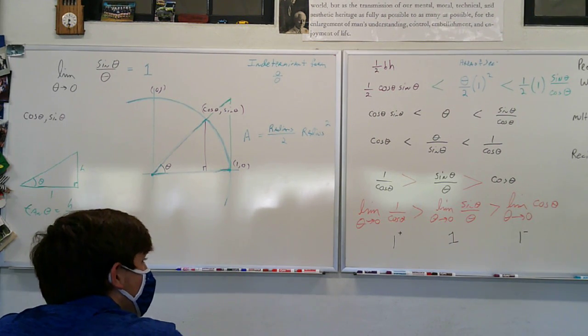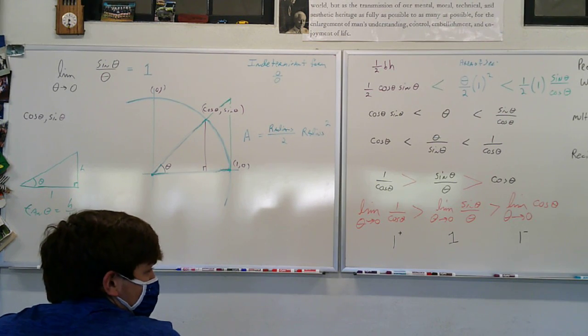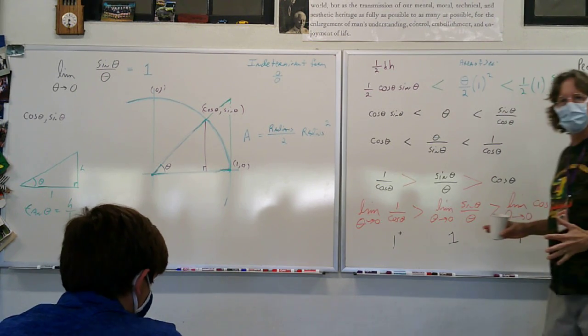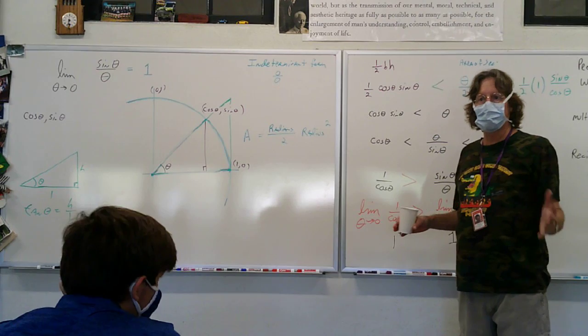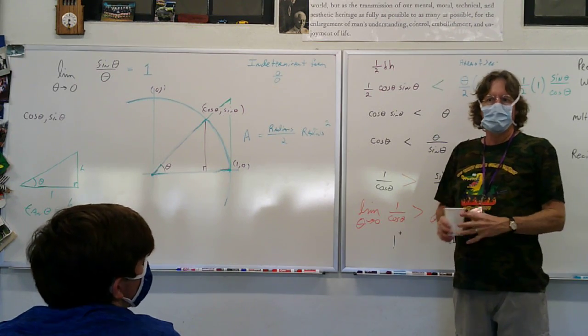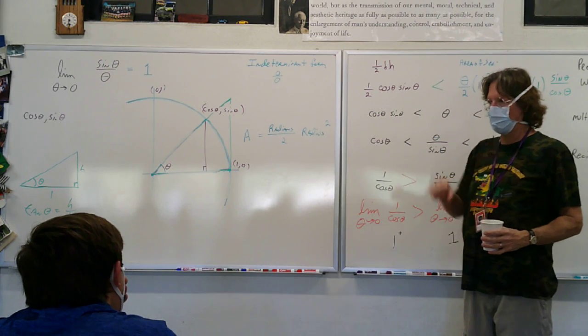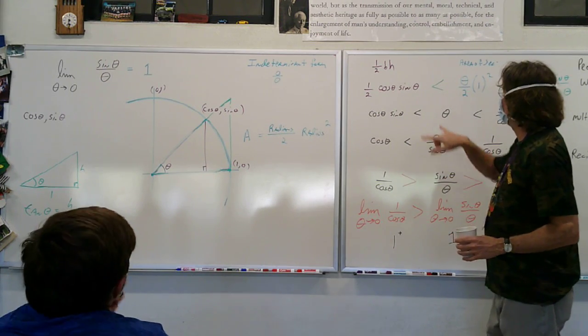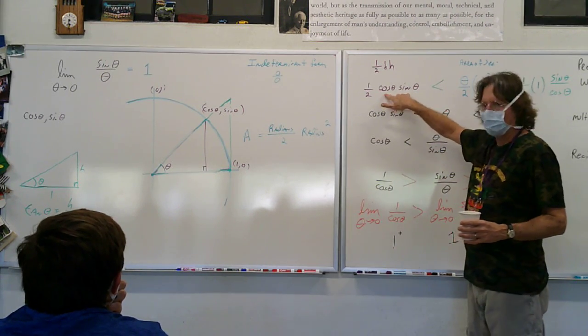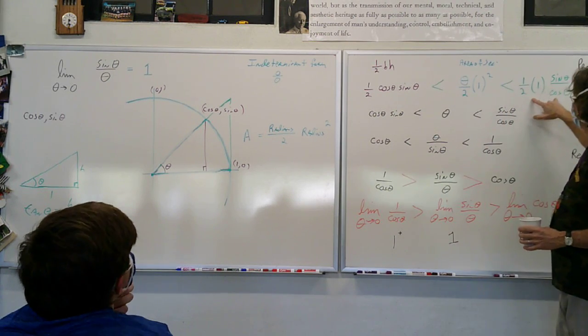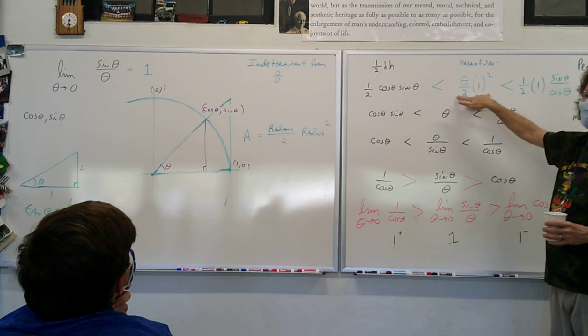Now, imagine this. Imagine you've never seen it before. Imagine it's never been proven. The first people that proved it around the world, they had to come up with some formula here and some formula here to where they knew this one would always be between them.